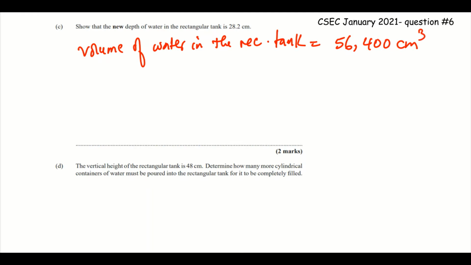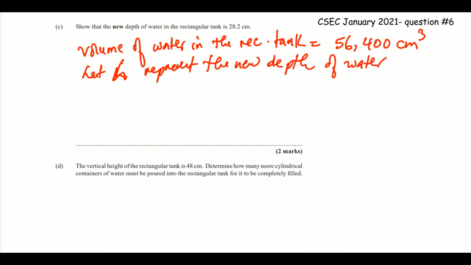What else do we know? We know that H normally represents the height or the depth of the water. So let H represent the new depth of water.